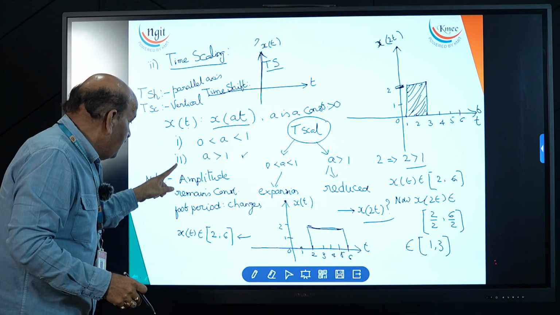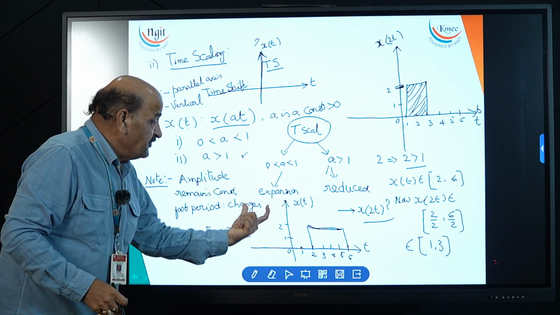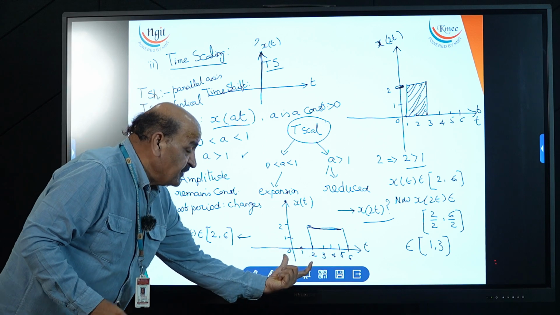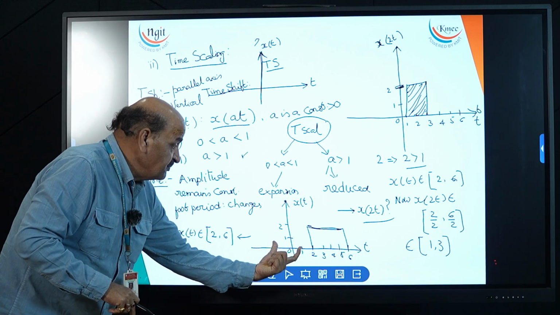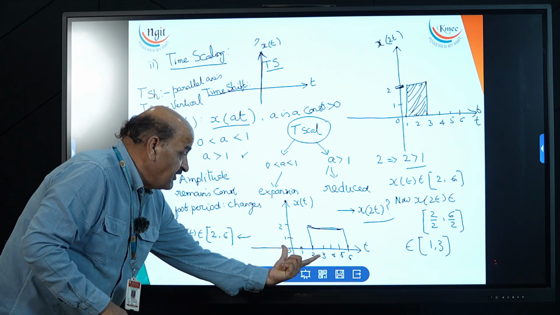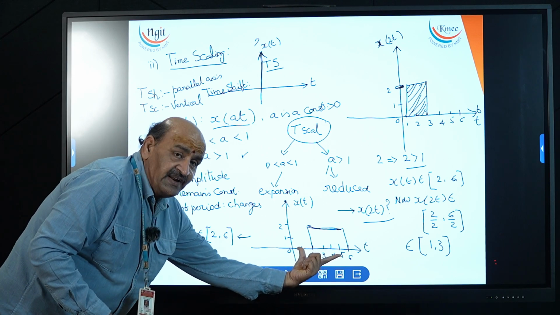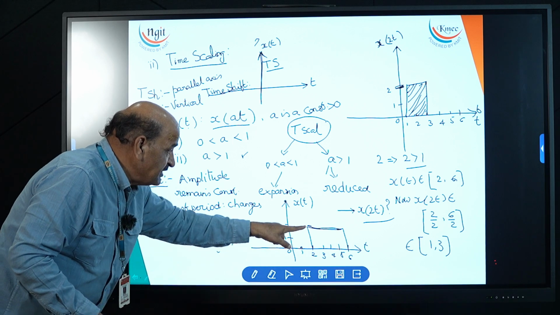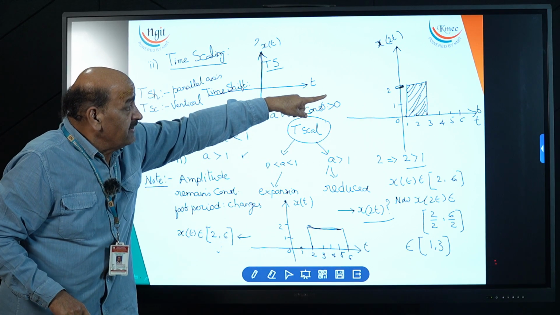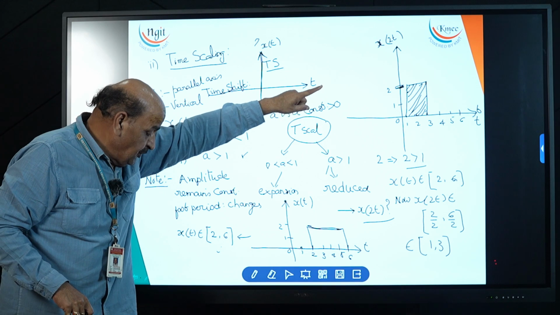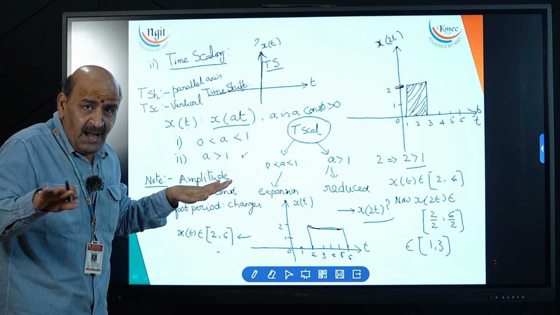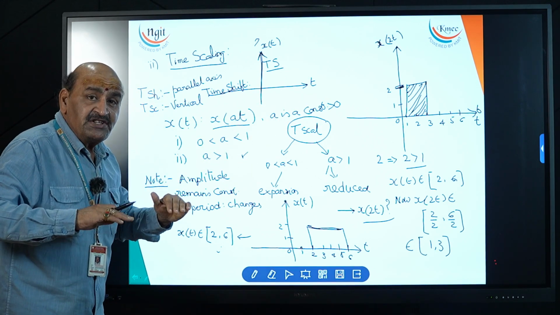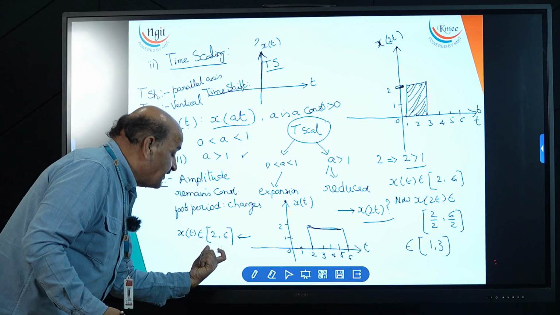Now here in this case, whatever the signal they give, first, as in the previous case we discussed in the time shifting, first collect what is the width of the signal. This is the width of the signal from 2 to 6. Here amplitude is how much? 2. The new signal, the amplitude is also 2. There will be no change in the amplitude. There will be change only in the width of the signal.